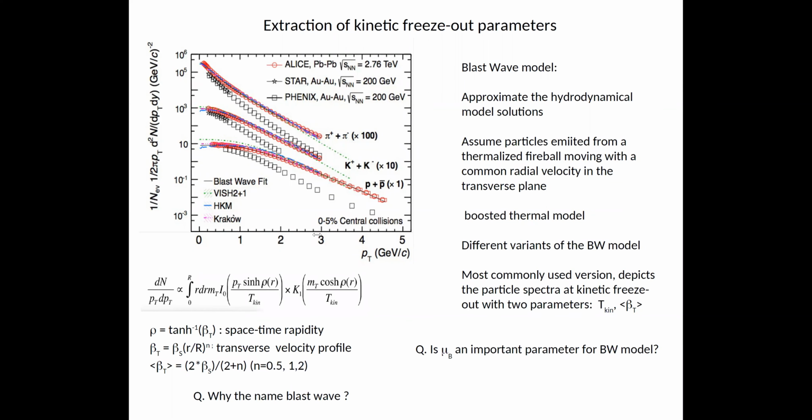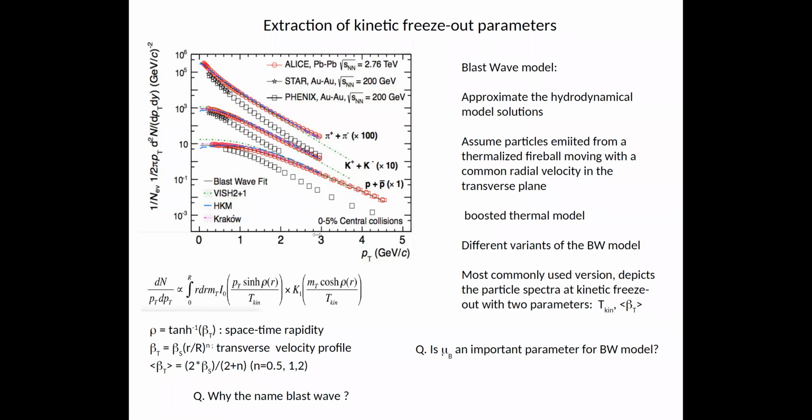Why is the baryon chemical potential not a very important parameter of the blast wave model, which is basically used to describe the properties of the fireball at the kinetic freeze out? The blast wave analysis is used to extract the kinetic freeze out parameters of the fireball.